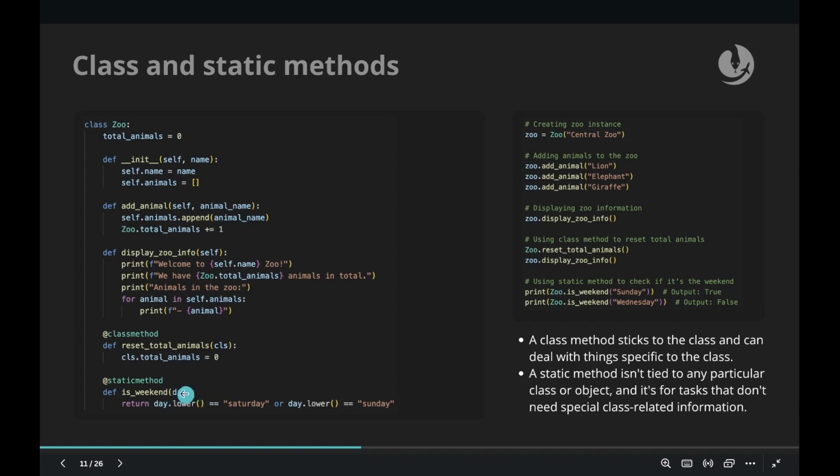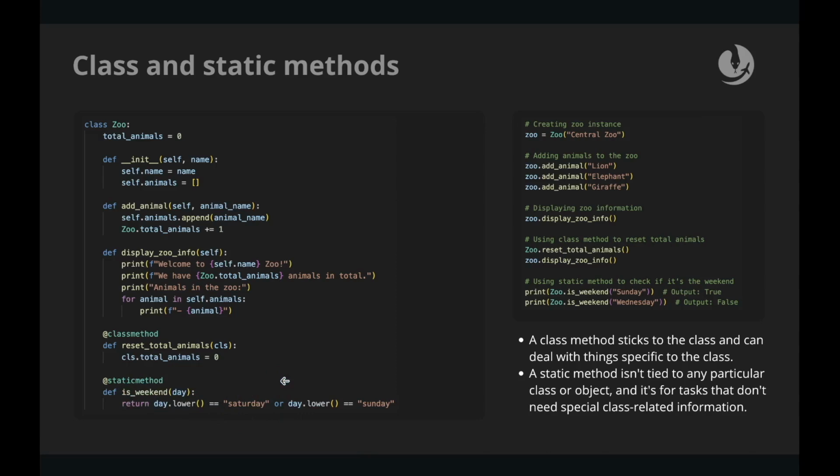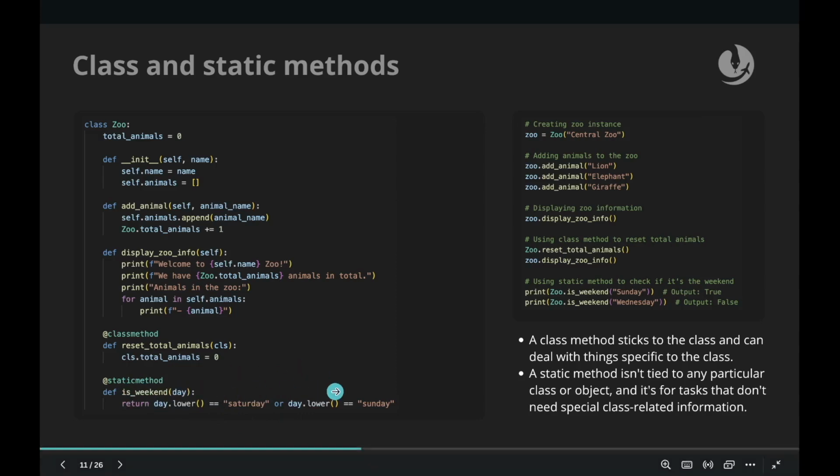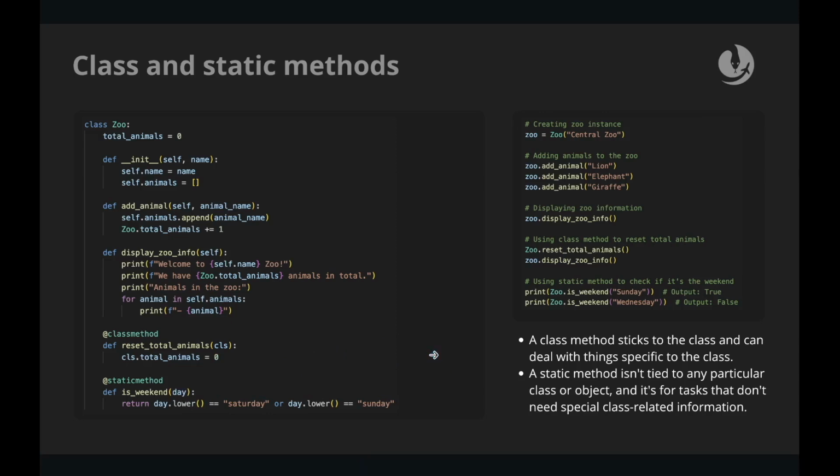It doesn't take in self or cls. It just takes in a parameter, in our case, a day. So it's not related to a class or object. And then we simply return true or false: true if we are dealing with a weekend, and false if we are dealing with a non-weekend day.